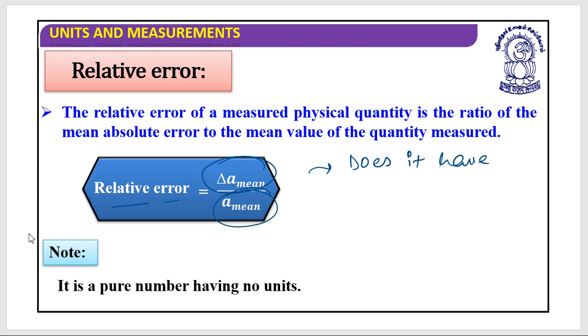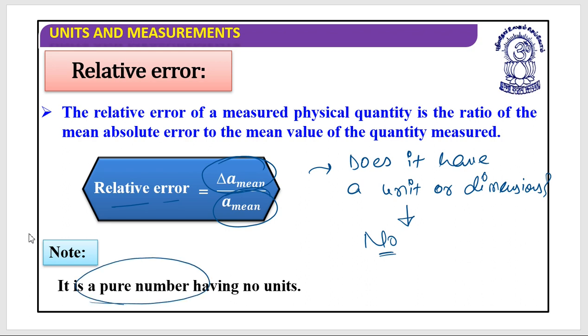Or I should rather ask, does it have a unit or dimensions? No. It is a pure number, which does not possess any units or dimensions. So what is relative error? It is just the ratio of the average absolute error, which we call delta A mean, divided by the mean value of the observed quantity.